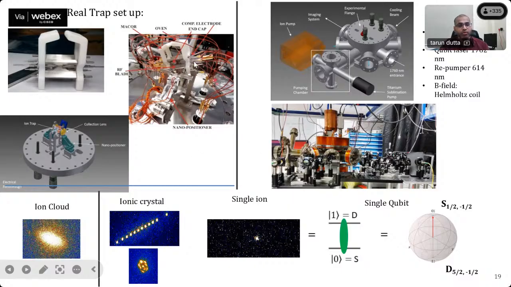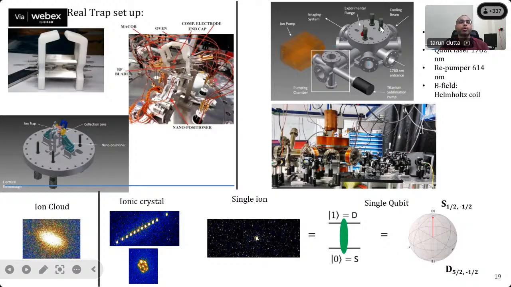Once you mount it on the vacuum flange, we put it inside this vacuum chamber. You can see the vacuum chamber in the schematic, and all of these are on the flange. You can see something poking out.